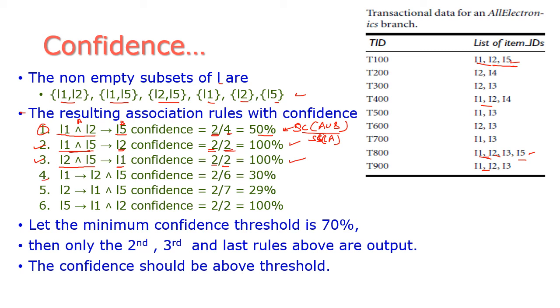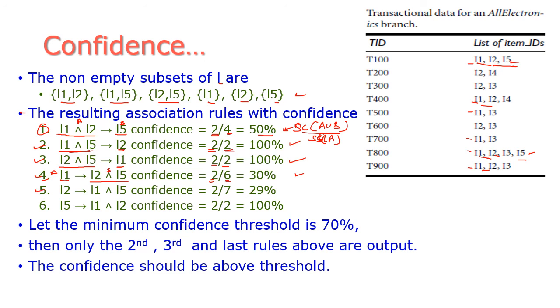For the next one, I1 is A and I2 and I5 is B. I1, I2, I5 occurs 2 times, as we have already seen, and I1 alone occurs 6 times. So 2 by 6 is about 30%.